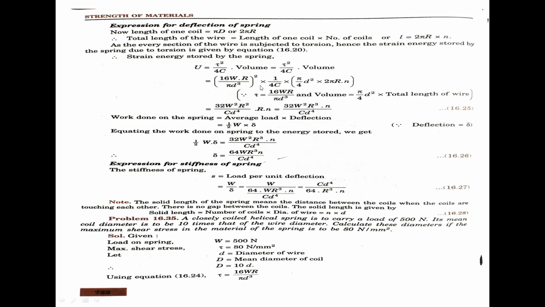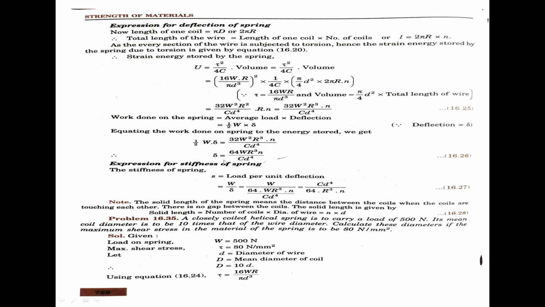For the expression for deflection of spring, we calculate the work done on the spring, which is equal to average load into deflection. Equating the work done on the spring to the energy stored, we equate both equations.